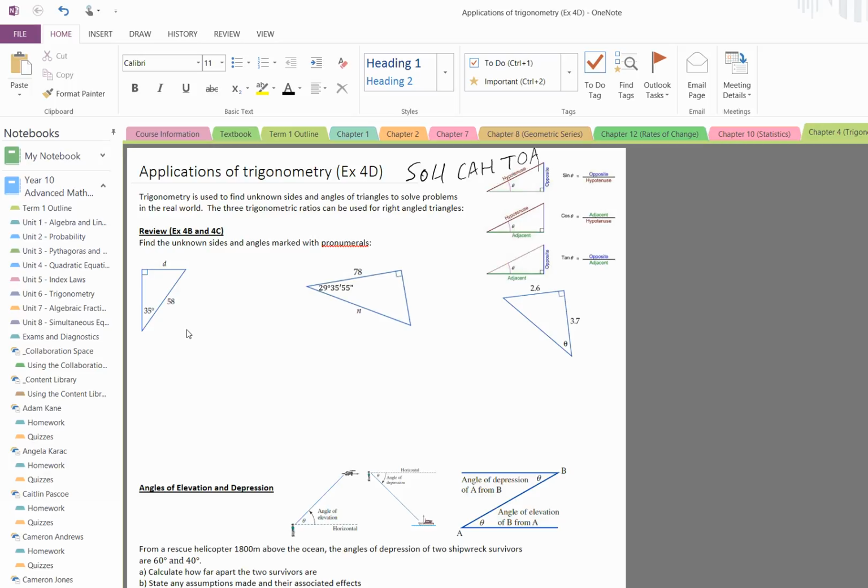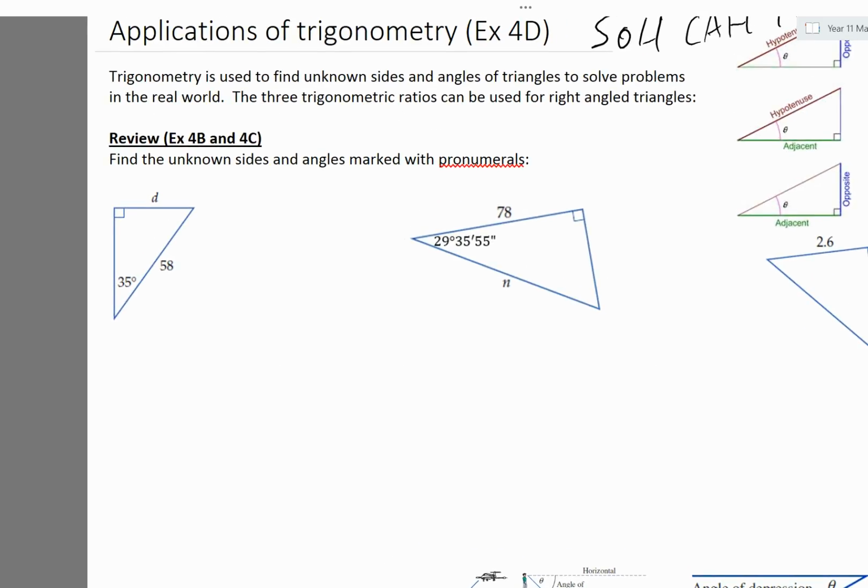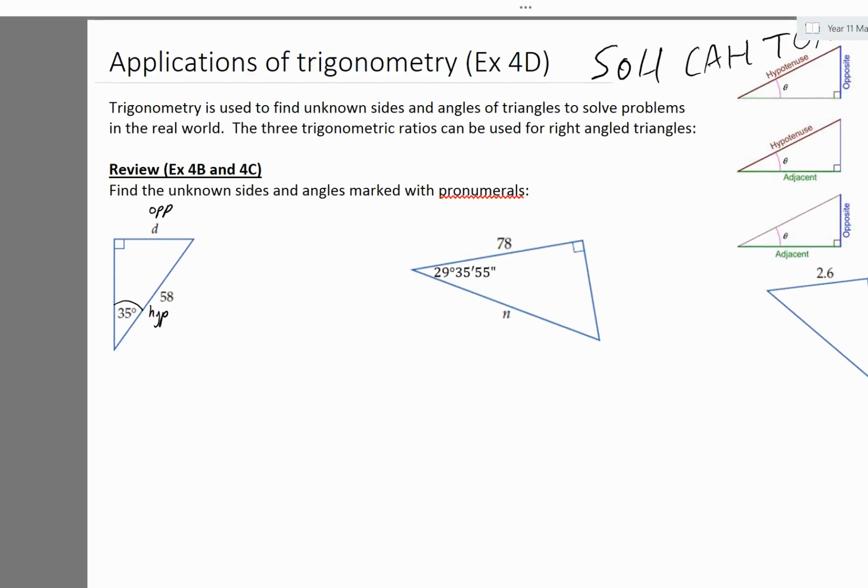Okay, so just a quick review of how to do that with right angle triangles. I'll look at these three examples. In the first example, we're trying to find an unknown side. Here's the angle, this is the opposite side, this is the hypotenuse. So I'll look at these rules and decide to use sine to find this side.